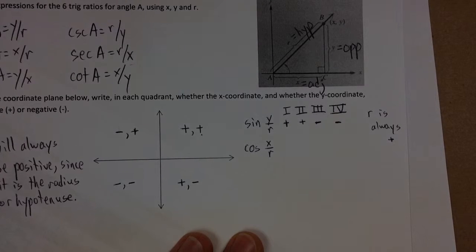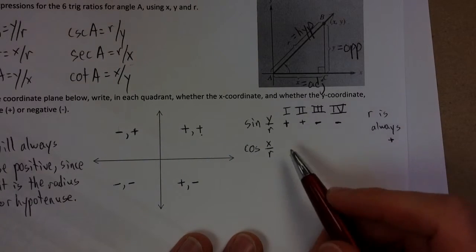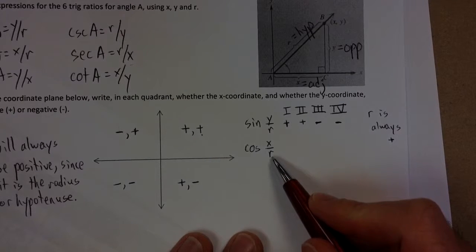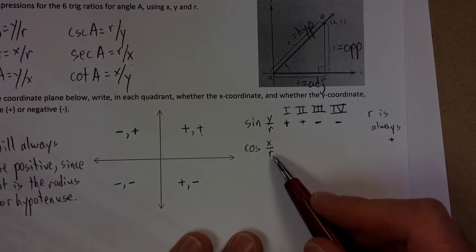Thank you for your honesty. So tell me, in quadrant 1, are the x's positive or negative? Positive. Is r positive or negative? Positive. It's always positive. So what's a positive divided by a positive? Positive. There's a reason.